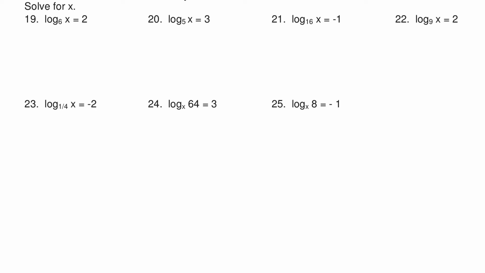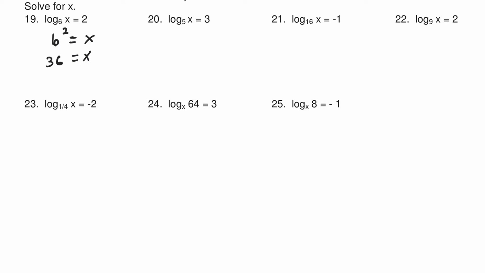So for number 19 to 25, I'm going to convert it to an exponential equation. And you're going to see how you can find x. Remember that we have 6 to the power 2 is going to give you x. So x is going to be 36.